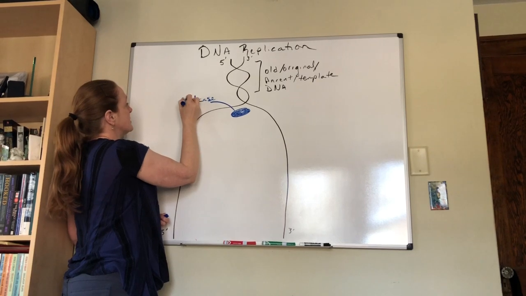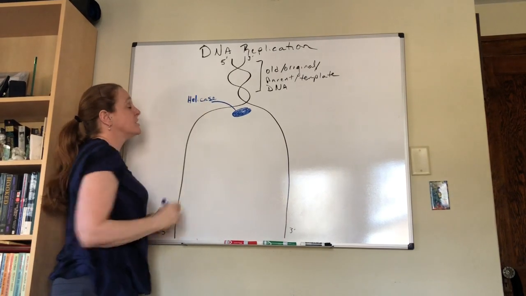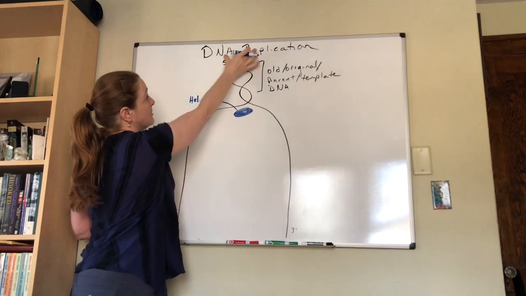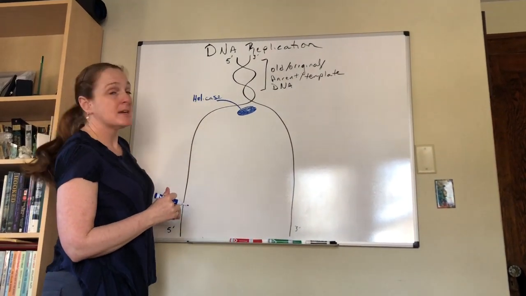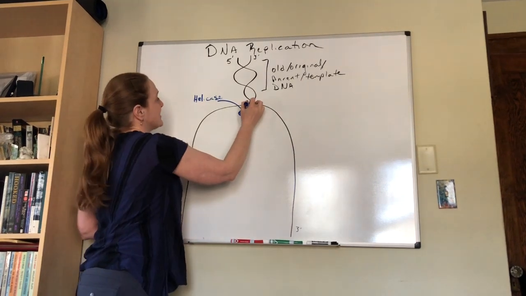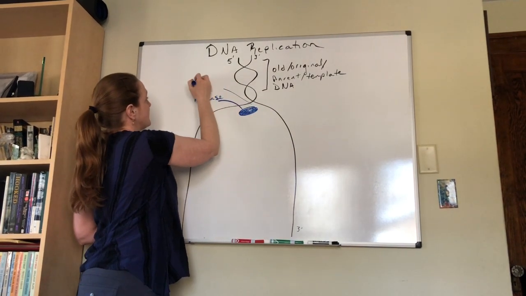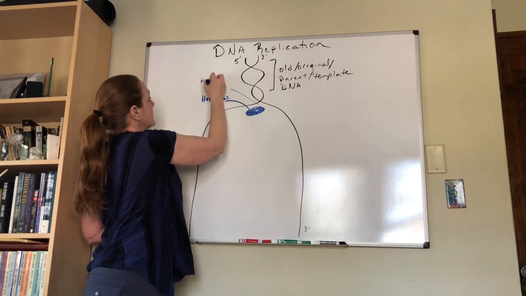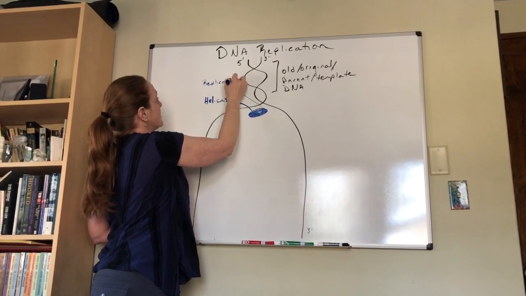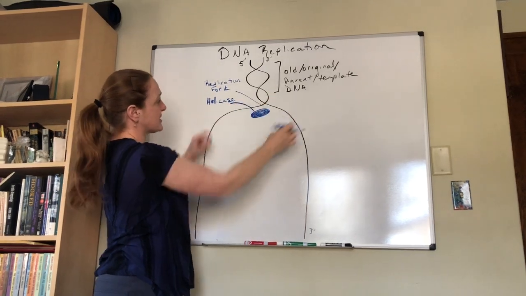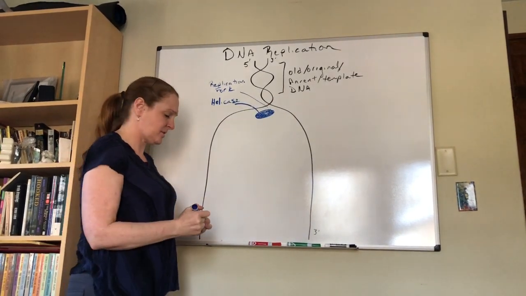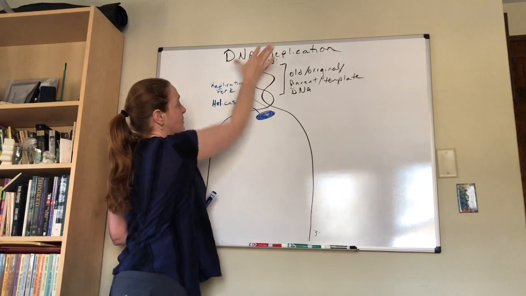And our helicase enzyme is going to be unwinding our old or original DNA in this direction. Where helicase is doing this unwinding is also known as our replication fork. And the reason we call this a replication fork is because we have this kind of tined look to the structure as helicase is unwinding in this direction.